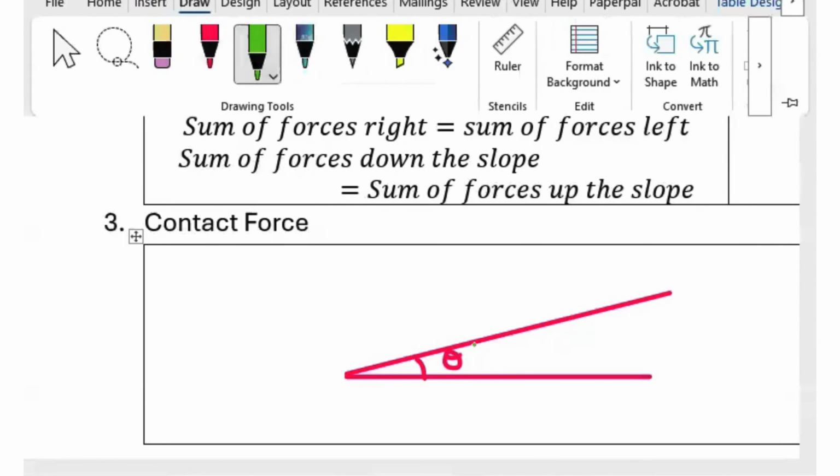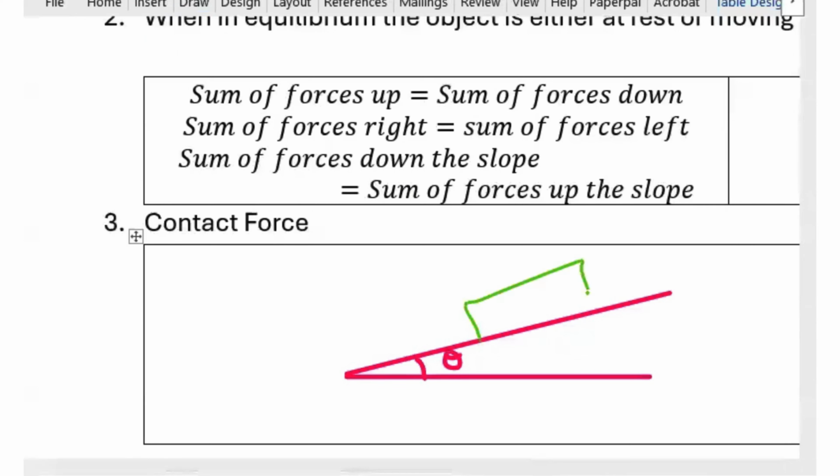if an object is on the slope, so basically there are two forces that are acting on the object by the surface. What are those two forces?